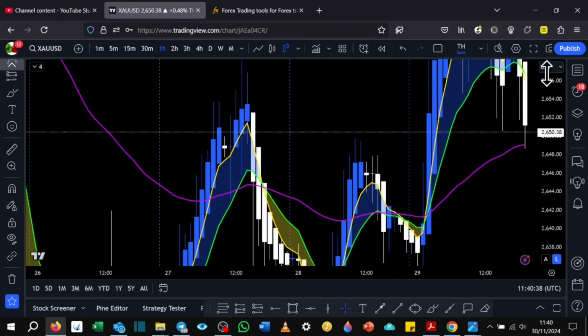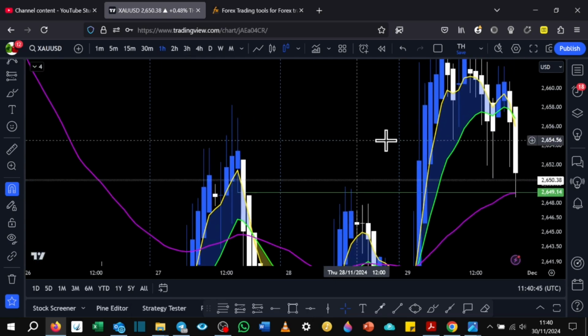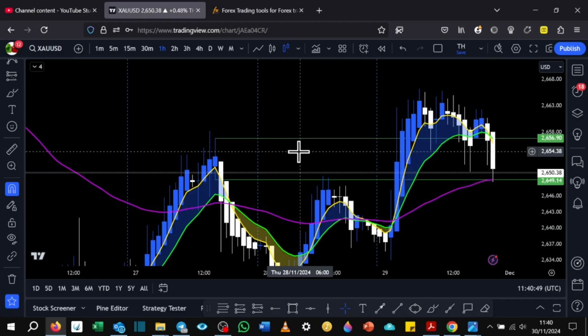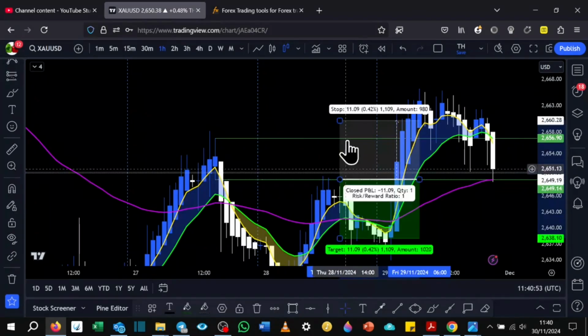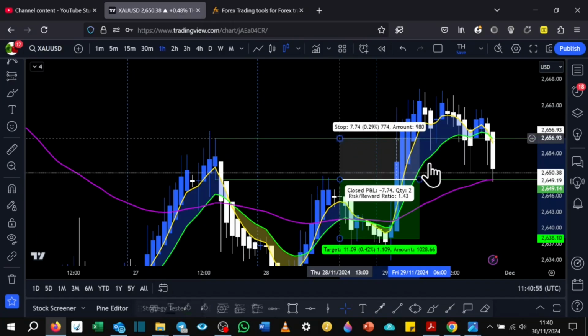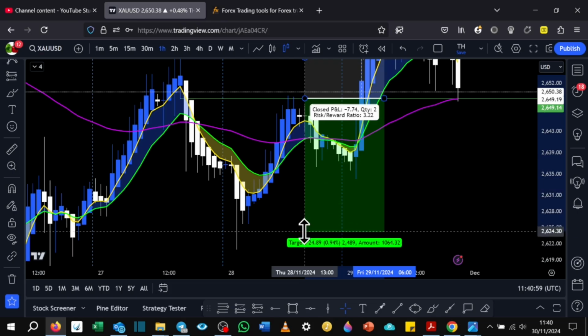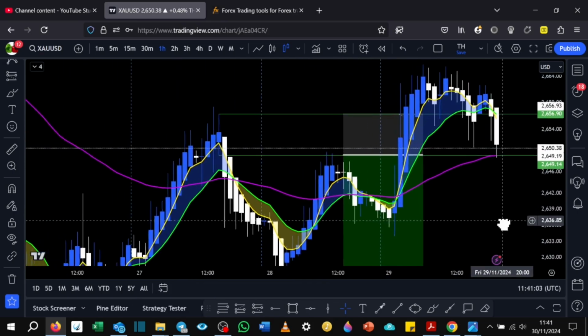So I want to get in on the pullback. So this is the pullback entry. I was anticipating price to hopefully reach here. So it's a 1 to 3 trade.